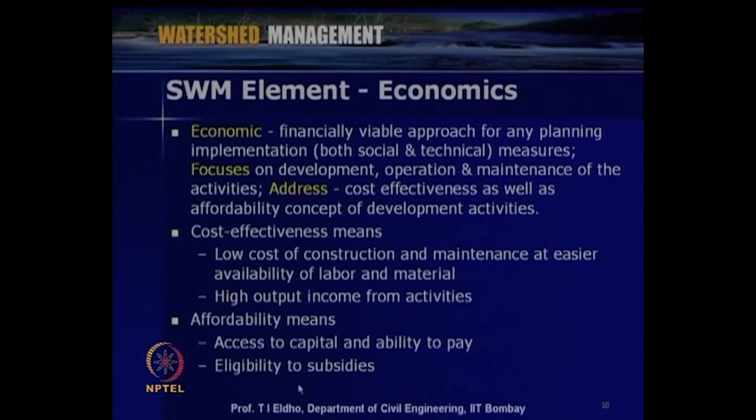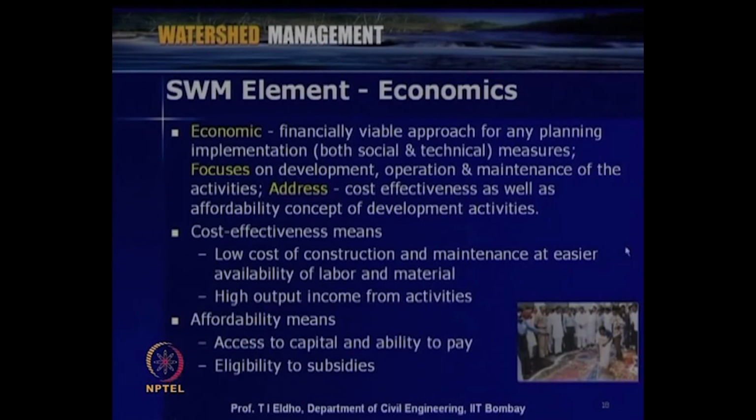Then whether any subsidies are possible for the particular plans. So, all those issues we have to consider when we look into the economics of sustainable watershed management. So, now we have seen the four elements of sustainable watershed management.